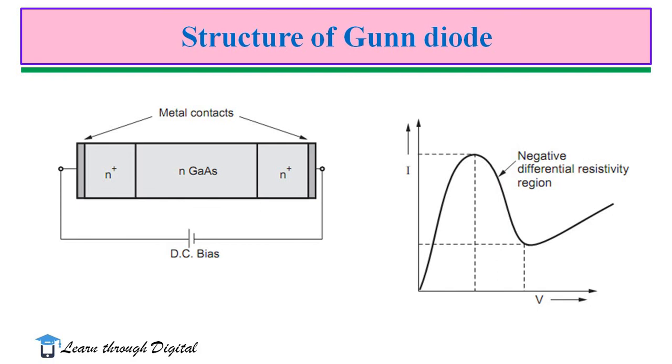If the rate at which electrons are transferred is very high, the current will decrease with increase in voltage, resulting in equivalent negative resistance effect. So this figure illustrates the negative resistance characteristics of gallium arsenide diode.